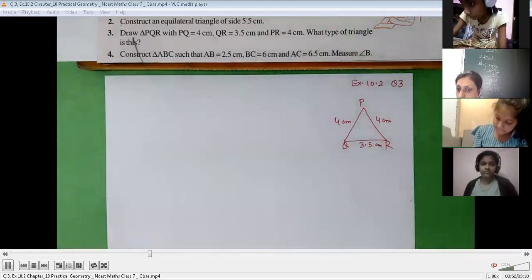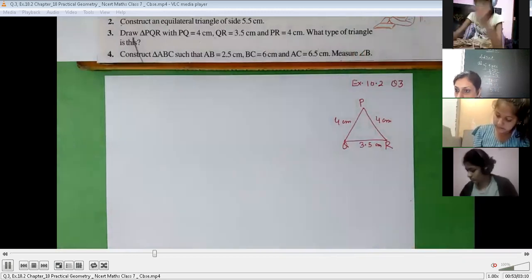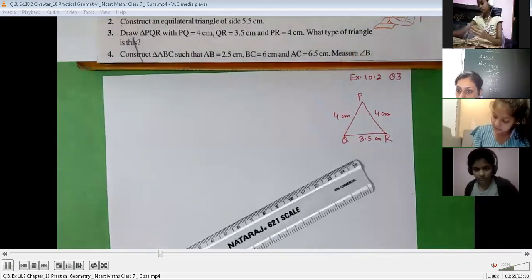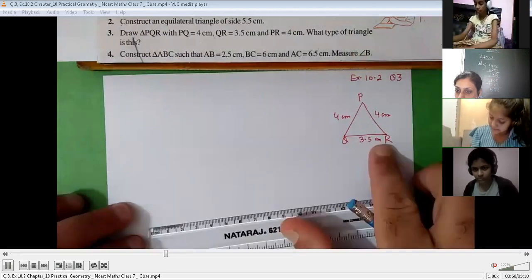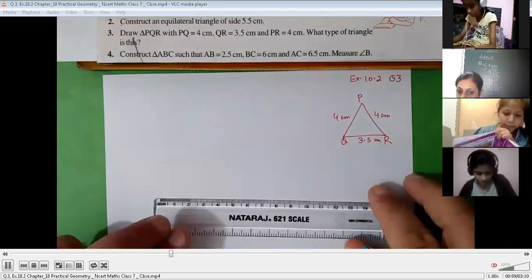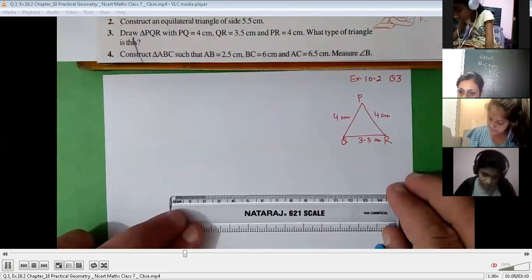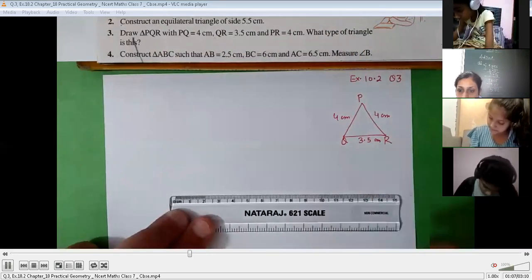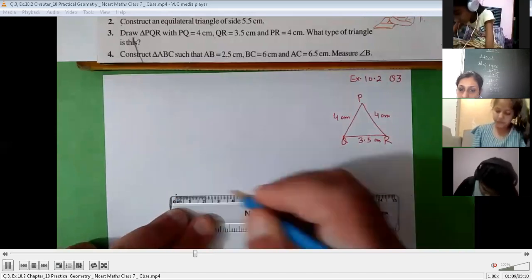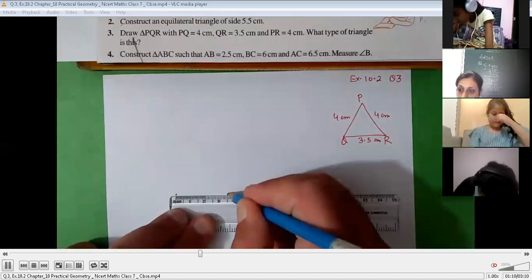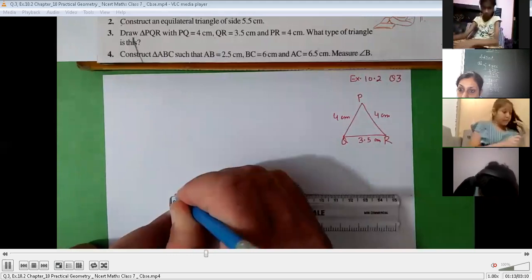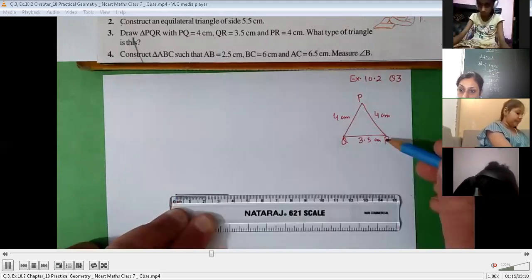So first of all, we'll take our ruler and pencil in hand and draw the QR side, that is 3.5 centimeters. Take your ruler and mark 3.5, this much, and draw a line, QR.